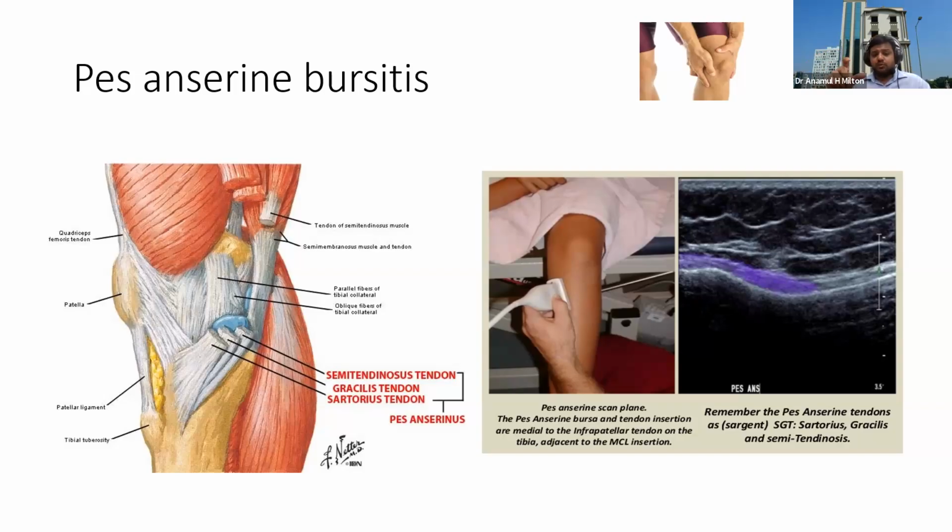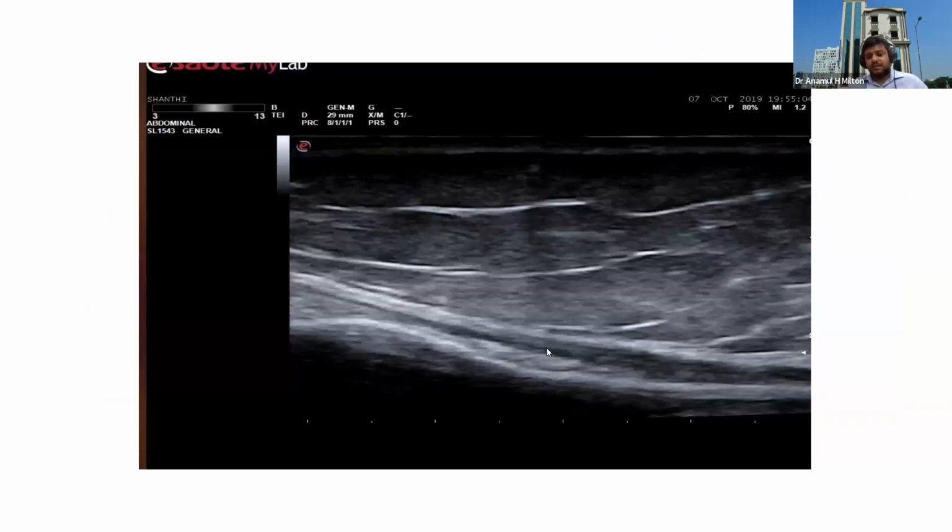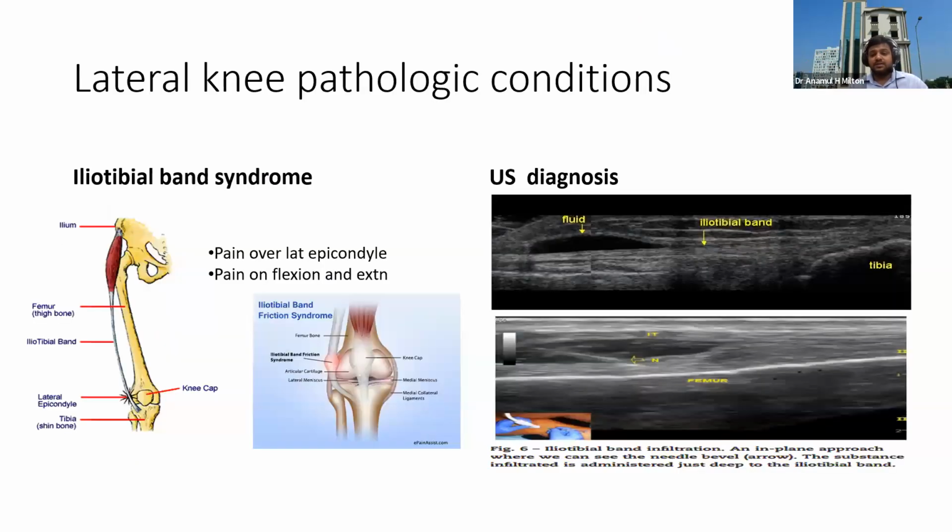Between these three tendons and this ligament there is a small collection. You can see the inflammation in between this tendon and this ligament. This actually causes the pain, so it is called pes anserine bursitis.